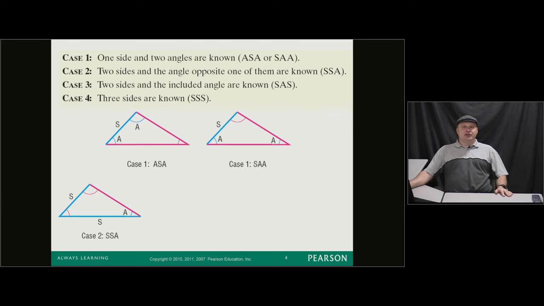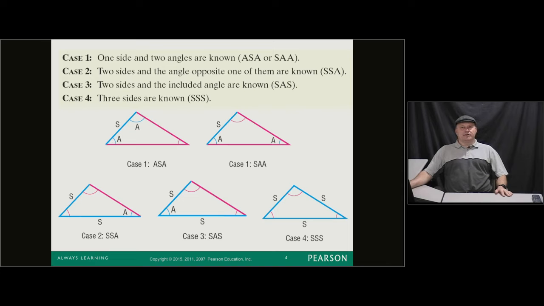Case 3 is you have 2 sides in blue and an angle that's not in between them, so side, side, angle. Or side, angle, side, 2 sides and then the angle between them you know. And then case 4 is all 3 sides known, but none of the angles.